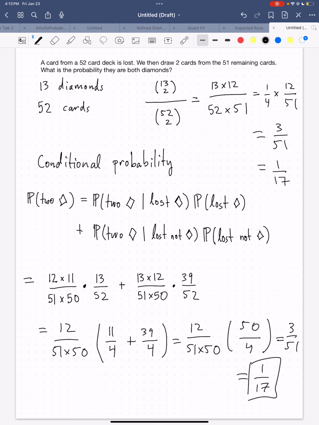So you get the same answer. And so it's probably easier to just do it the first way. But if you ever get scared, then you can always trust conditional probability.